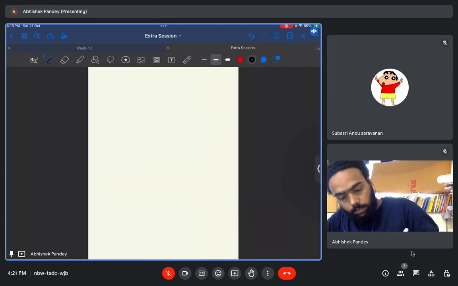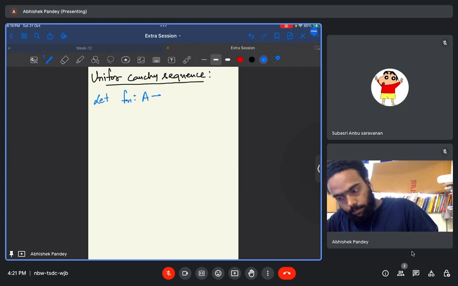Now we will see about uniform Cauchy sequence. Let fn from A to C be a sequence of functions.